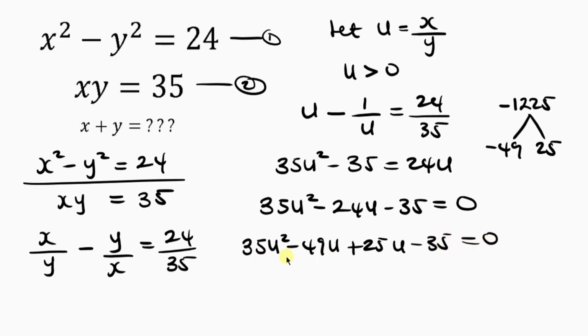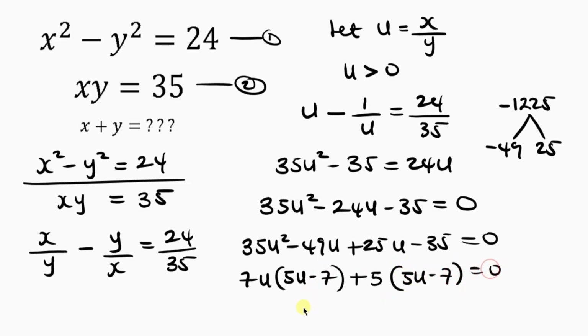So let's factorize. Factorizing this, I'm going to be having 7u into 5u minus 7, plus 5 is common, so bring out 5. Then copy and paste what is inside of this bracket here: 5u minus 7 equal to 0.